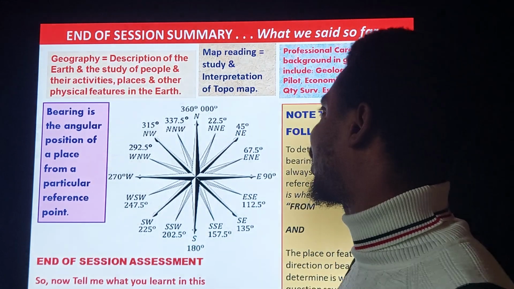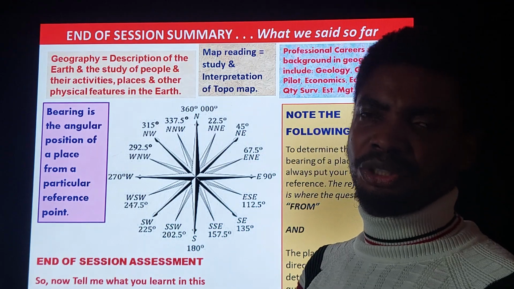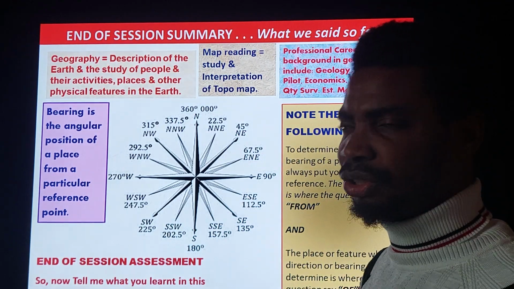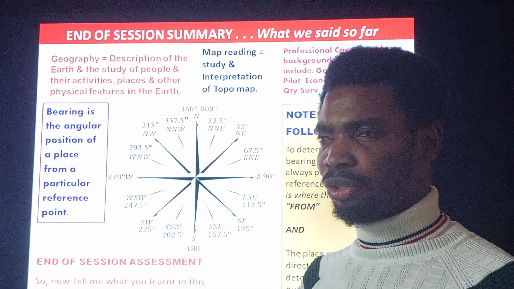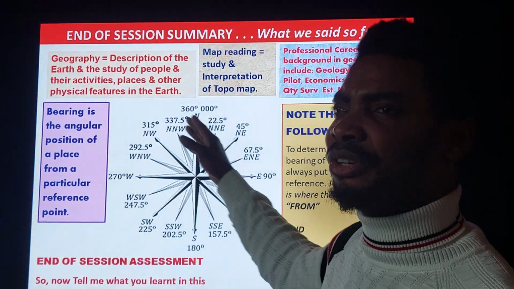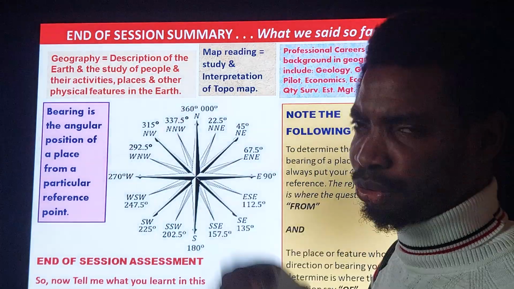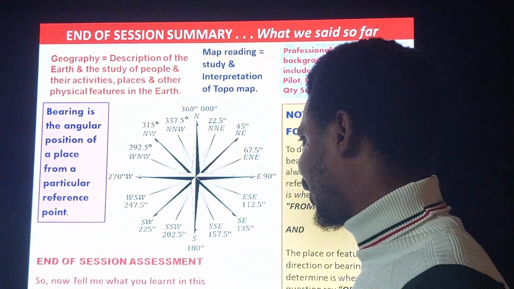Then you move right again, you see 67.5 degree east northeast. Then of course after that you have your 90 degree east, and it moves round like that until you come back to the north again, which is your 360 degree.